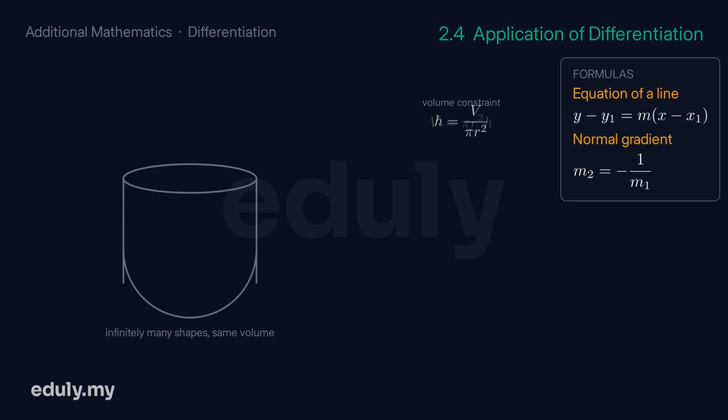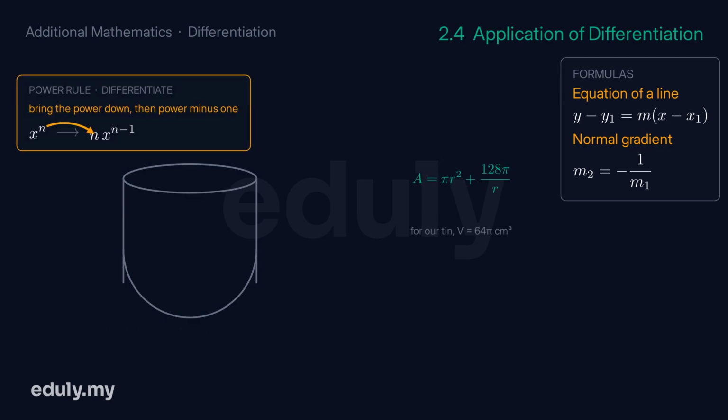Use that volume as a constraint to write h in terms of r. Substitute it in, and h disappears: one curve, in r alone, ready for every tool you own. Differentiate, set to 0, solve for r. Then substitute back into the original, not the derivative.